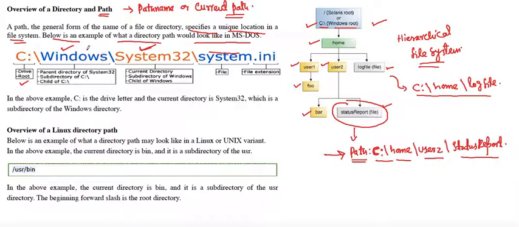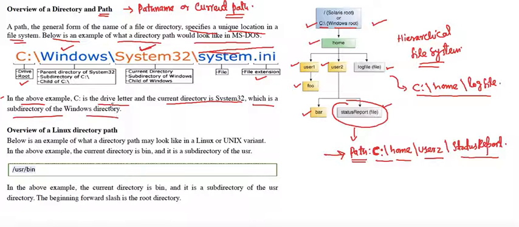Inside system32 we have a file called system.ini, and .ini is the extension of the file. In the above example, C is the drive letter and the current directory is system32. That is the working directory where we are currently working, which is a subdirectory of the Windows directory.